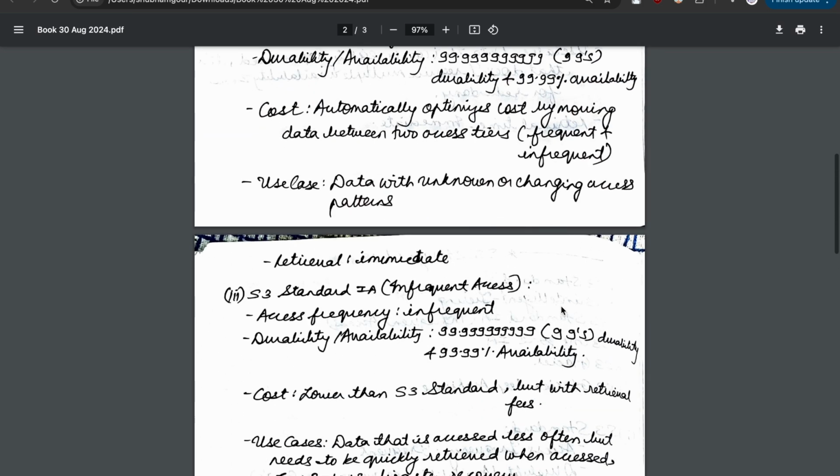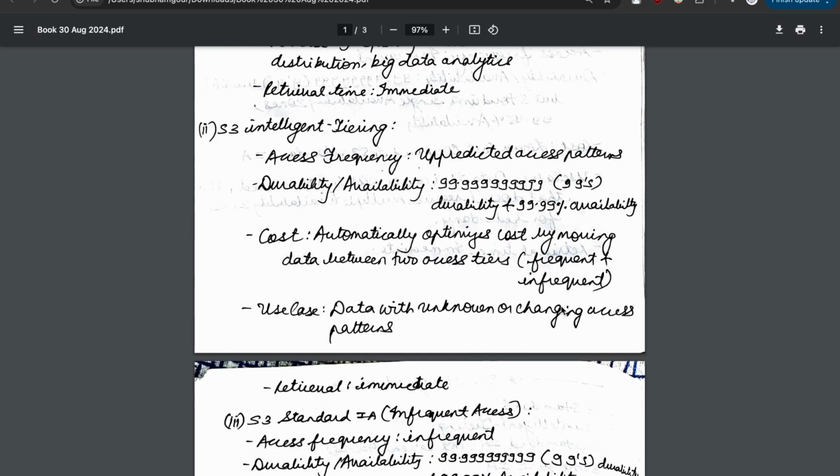Now let us proceed with Intelligent-Tiering. Here the access frequency is unpredictable, the durability is again eleven 9s, and the availability is 99.99%. The cost is automatically optimized because it moves the pricing model between different tiers.